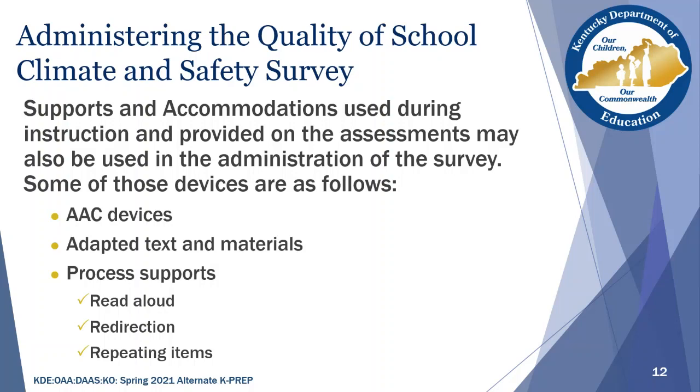The main thing is that you keep the full intention of the question. The intent of it doesn't change, the same way you couldn't change the intent of a test item. And you also can't provide any guidance to the student on how he or she should respond, once again, the same way on a test item.